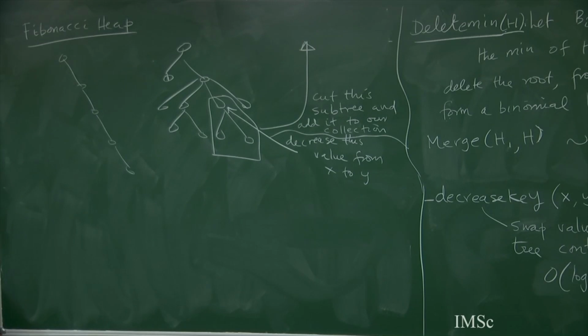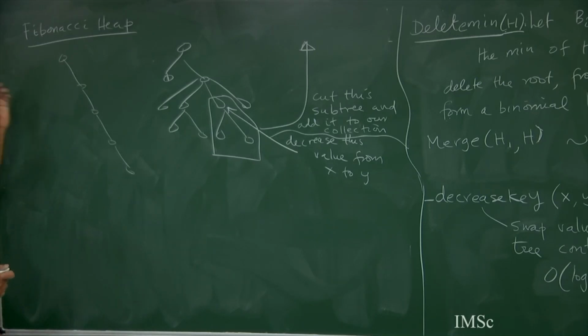So the height is not logarithmic in the number of nodes, and this is one real problem we need to deal with. If I just do, you have to decrease key, I cut it and add it to my collection. There may be lots of problems, in particular we need to rework all the nice properties we proved.